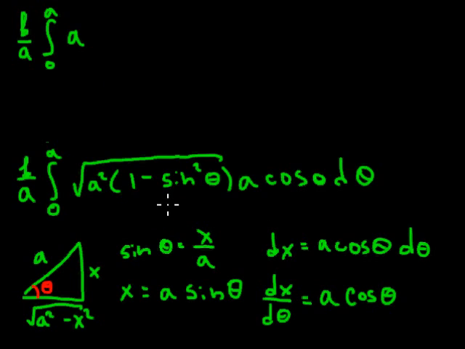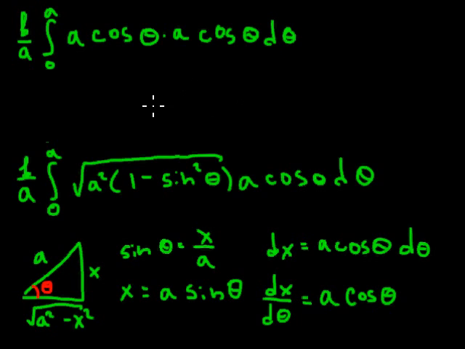And let's use a Pythagorean identity. 1 minus sine squared theta equals cosine squared theta. That's a Pythagorean identity. And when you take the square root of cosine squared theta, it's just cosine theta. Here we have a cos theta d theta.